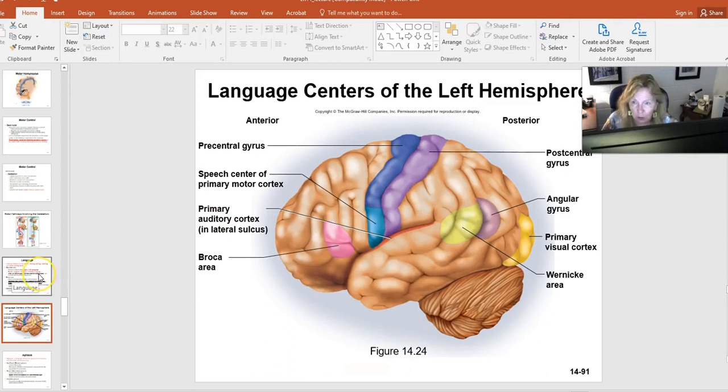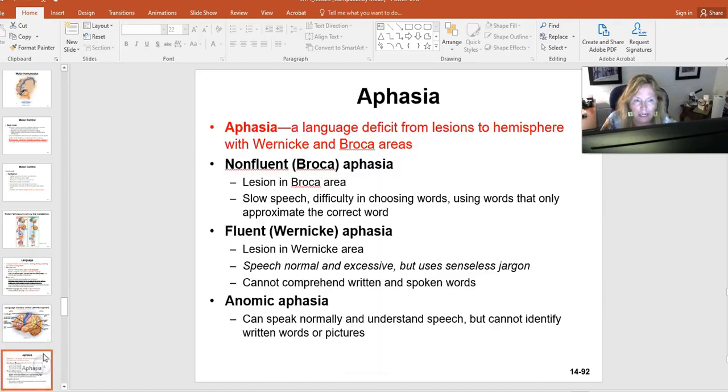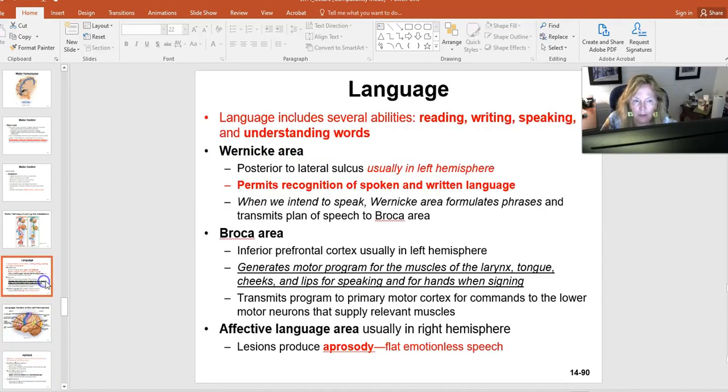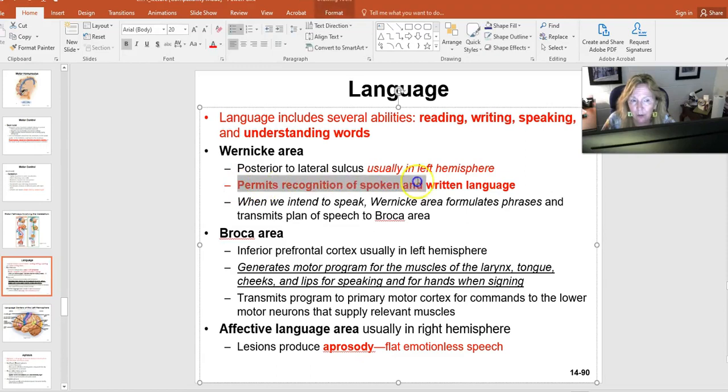What I'd like you to know about these two areas is that depending on where damage happens, whether trauma, stroke, or tumors, we can figure out why the patient has lost what they have lost. Wernicke's area permits you to recognize spoken and written language and prepare the speech.